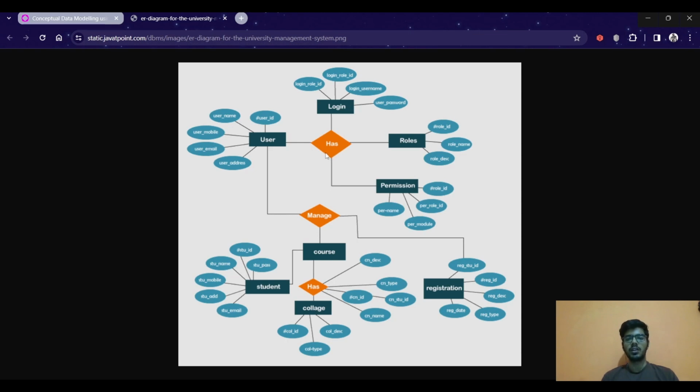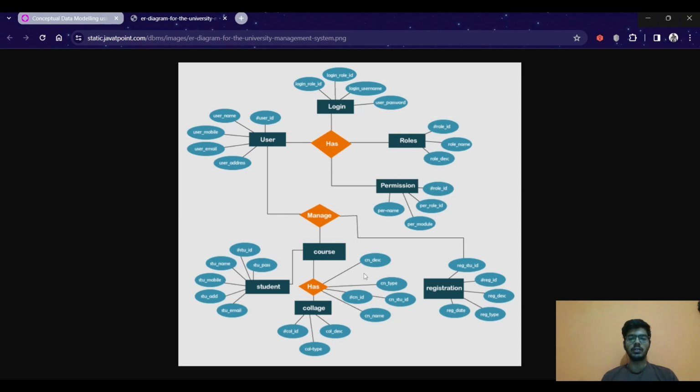As soon as you log in, you take him to the users section, where you check all his user data, and through user data you get to know what his roles are and what permissions this person has.